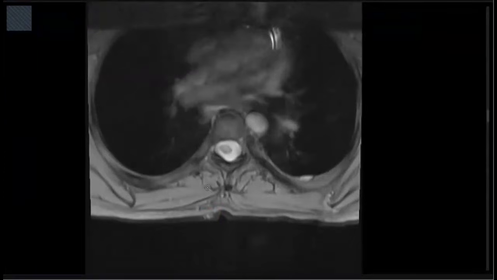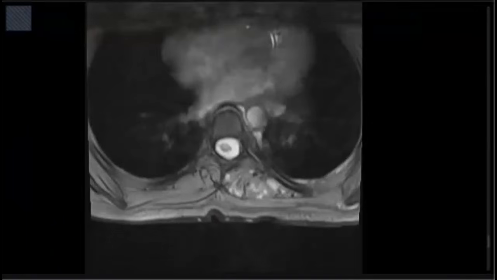In your management, you have to image the whole spine and the brain, searching for optic nerve gliomas, sphenoid wing dysplasia, and multiple focal areas of abnormal signal intensity in the brain.